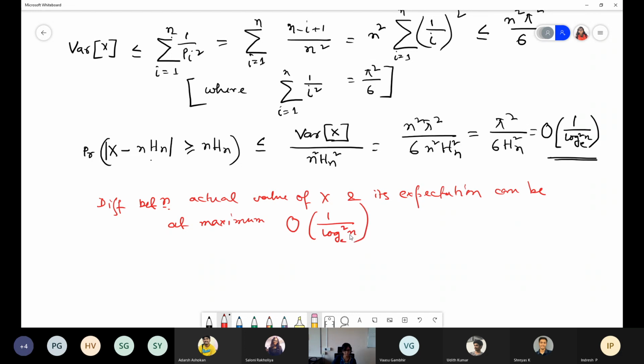Okay, so this is the conclusion you can get from this Chebyshev inequality.